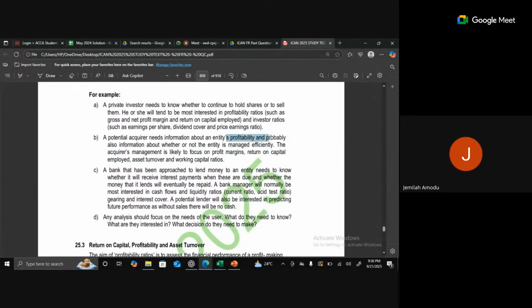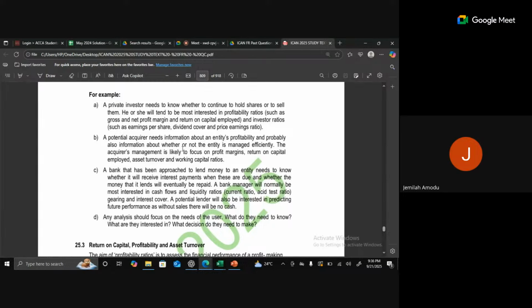As an entity that wants to merge or purchase another entity, the very first thing is what's the profitability. So profitability comes up in almost everything you're doing except for few situations, right? So the first thing that comes to mind is how profitable is this entity that I want to dive into? How profitable is it?